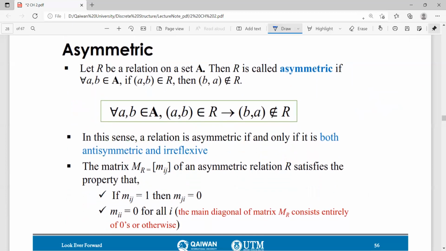And also we have asymmetric. Up to now, we talked about symmetric and anti-symmetric, and now we have asymmetric.